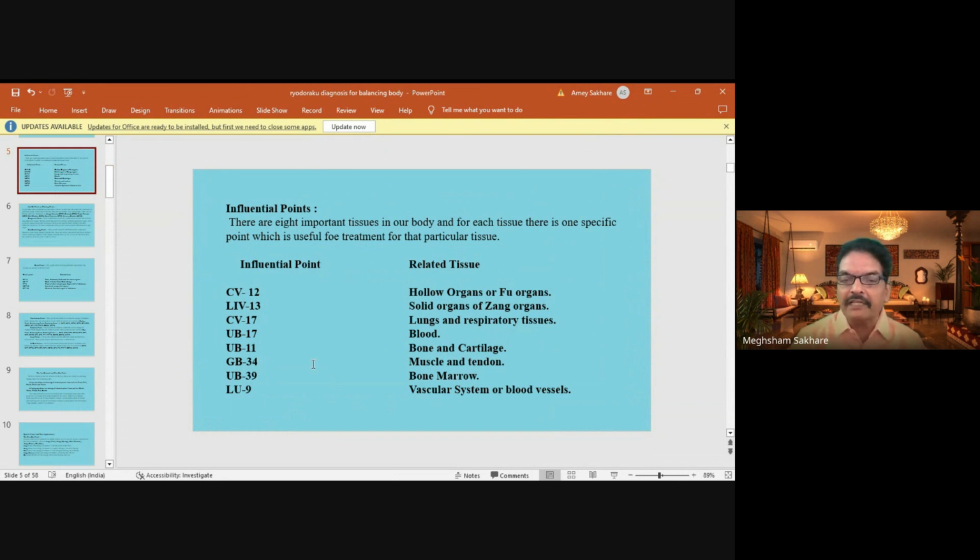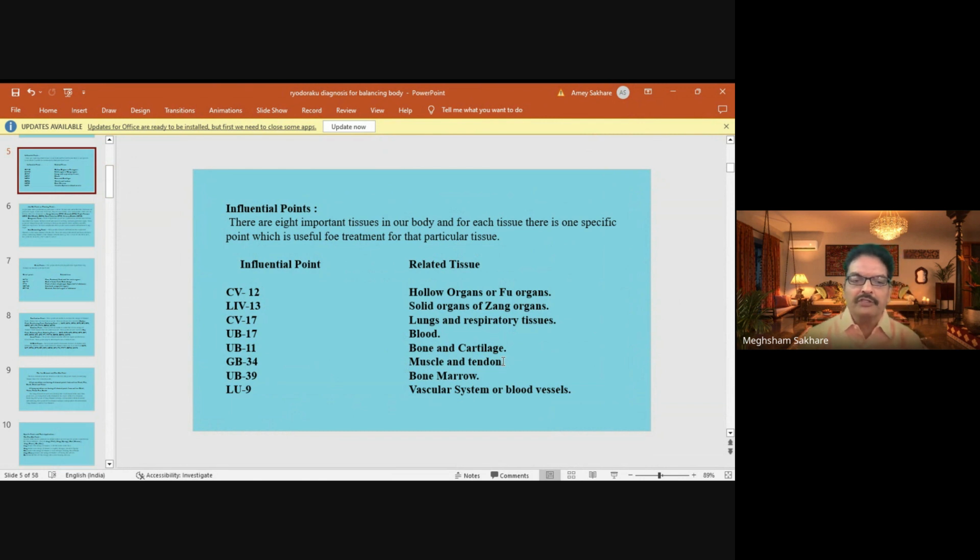Then GB34, it is also a compulsory point. It is the influential point for the muscles and tendons, for pain of the ligaments and tendons, lumbago, lumbar pain, frozen shoulder, knee pain, and also for headache and acidity.